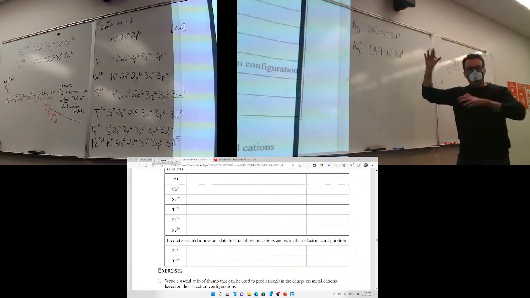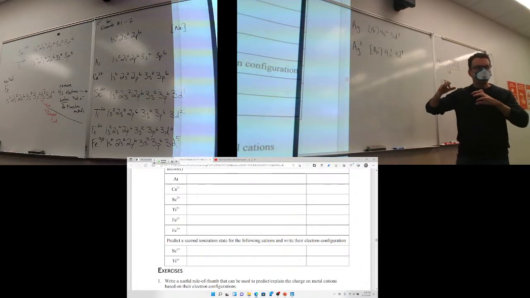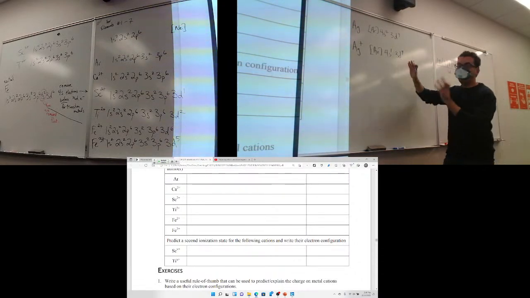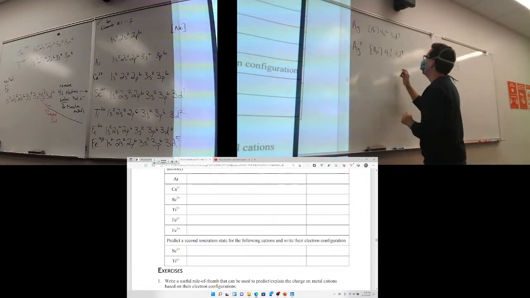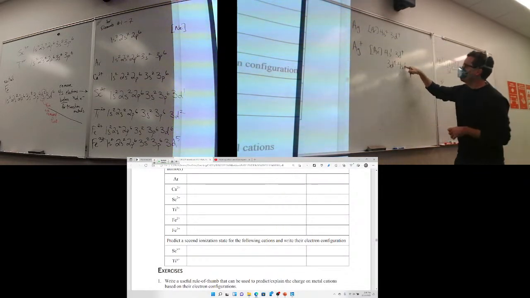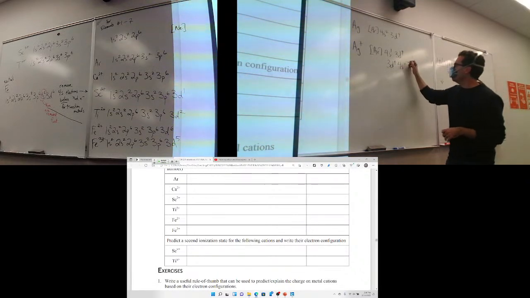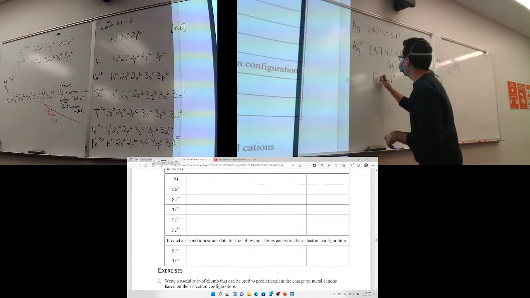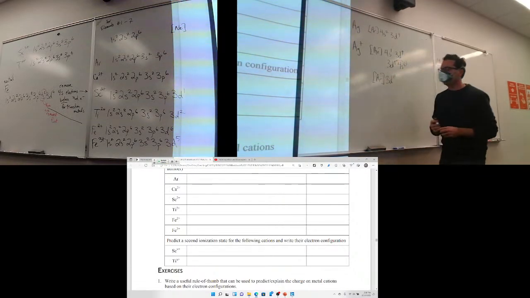Well, now the energies have kind of rearranged themselves. This may not be lower in energy than this anymore. In fact, it's not. It's actually the other way around. So why is that electron still hanging around in the 4s? It's actually going over there. And that's what silver's electron configuration is.